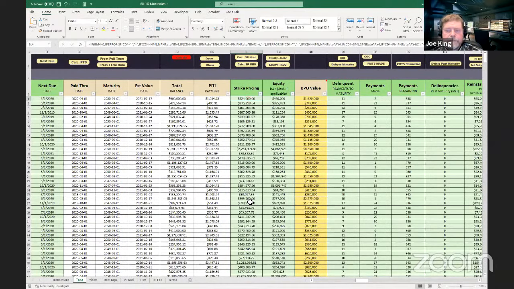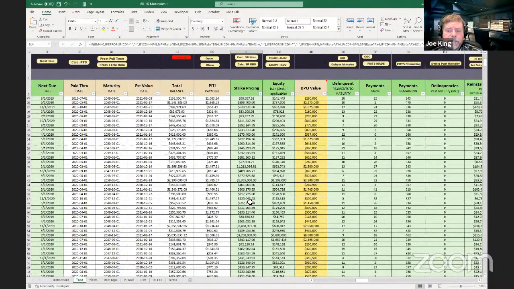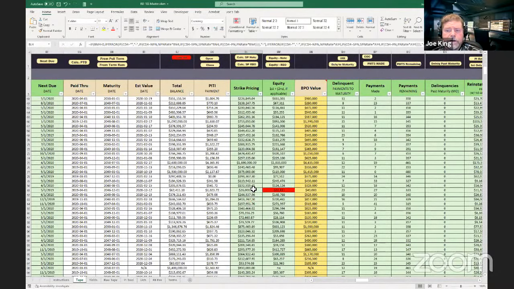When I come back to the tape, all of these strike prices are based on that unpaid principal balance. Now, I will say this, there are a few in here that might be upside down. And if they're upside down and you're a note investor, you know that you should never base your bid off of an unpaid principal balance if the asset is upside down.